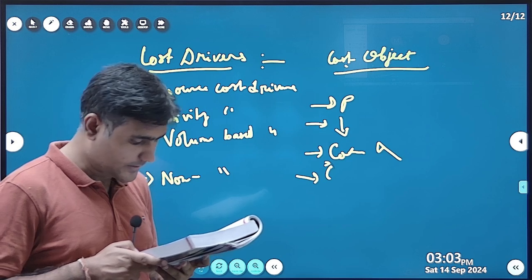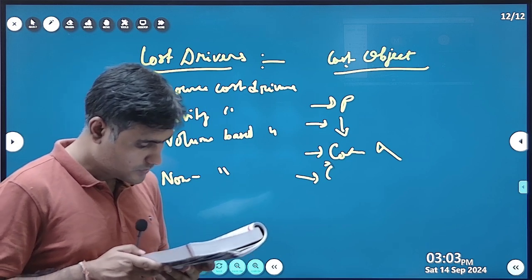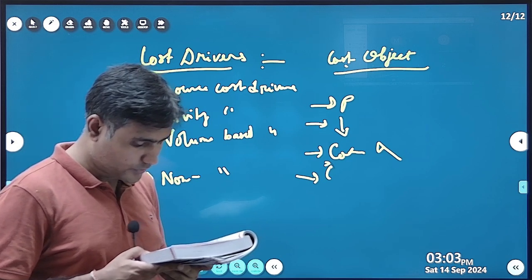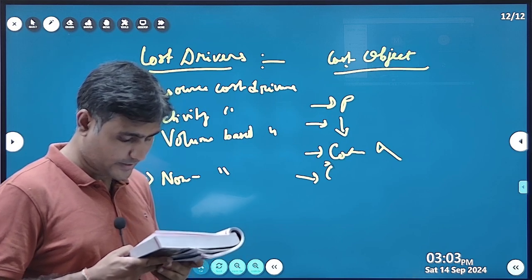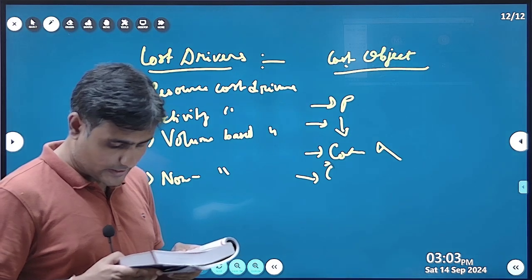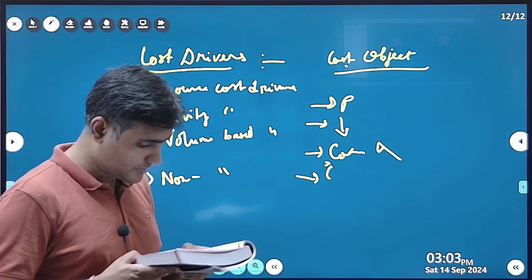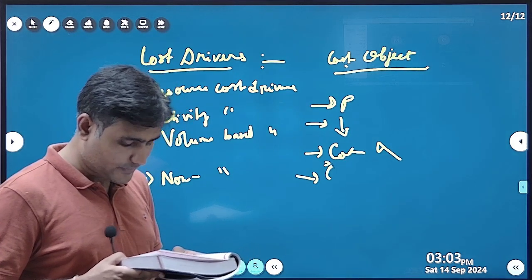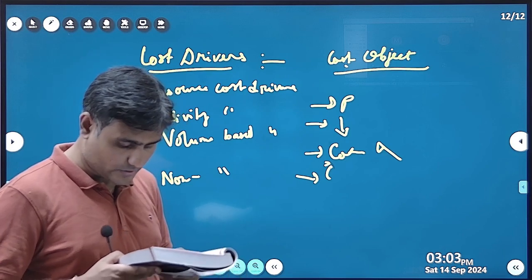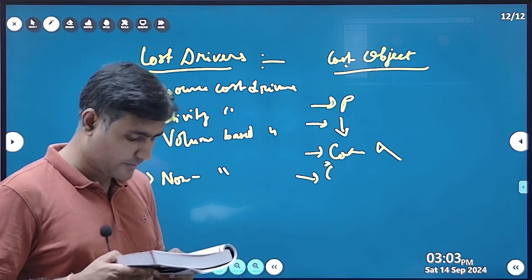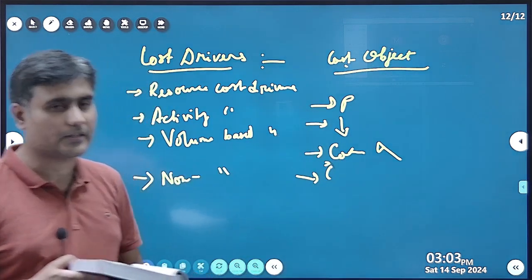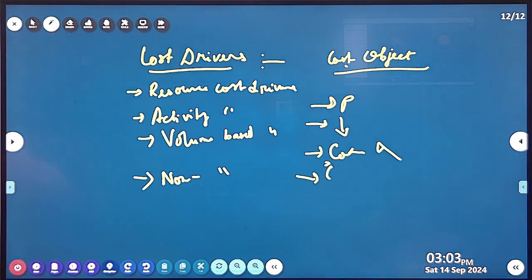A company can create a benchmark for what these costs should be in potential acquisition targets. If the targets have higher costs than the benchmark levels, then the acquiring company knows that it can strip out cost from the acquisition candidate. So these are the things which are written in the book.